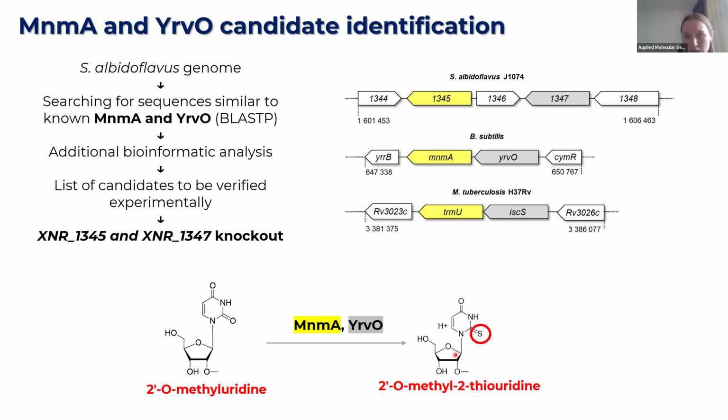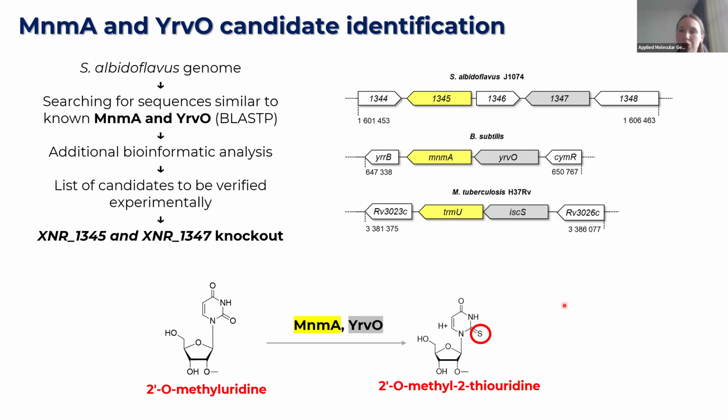So here we have U plus sulfur instead of oxygen in this position. It is the second position in this base. Bioinformatic analysis here was much simpler because these enzymes are very conserved and their genes are often located nearby.